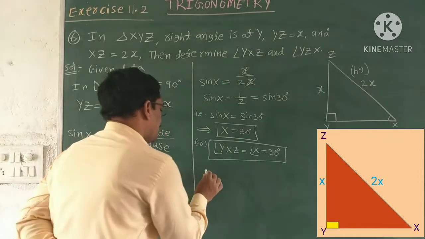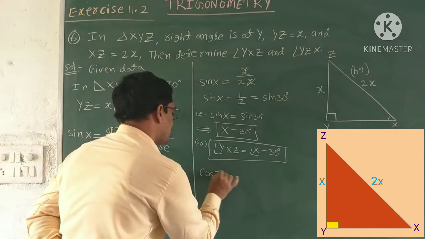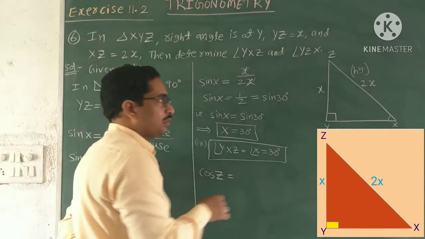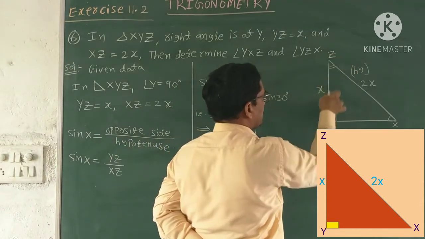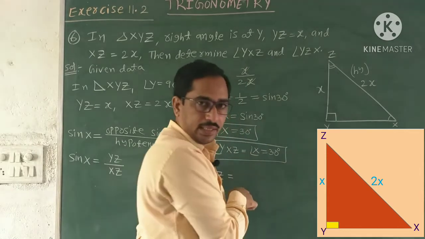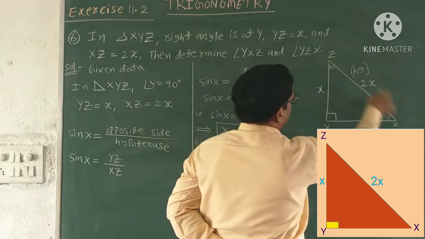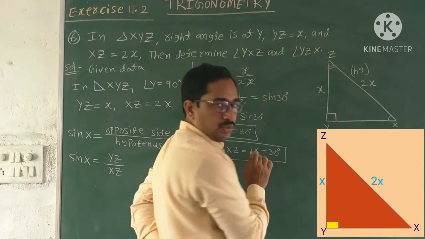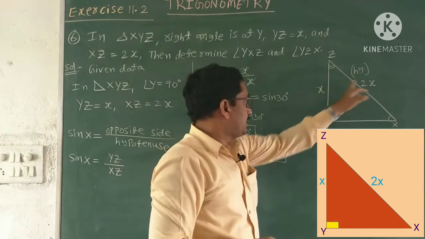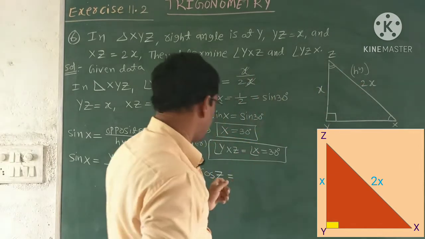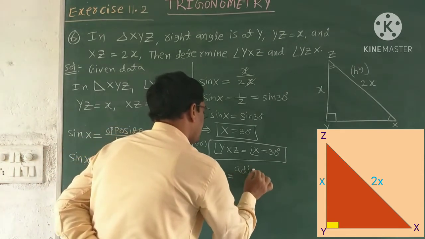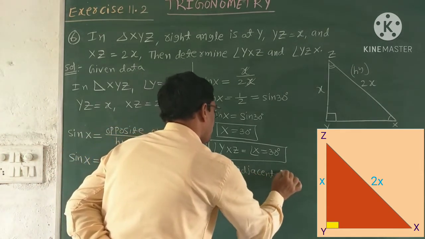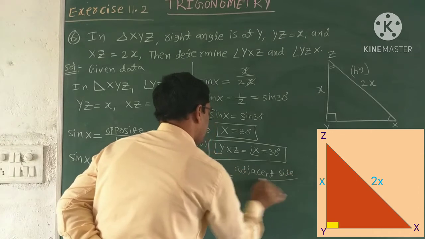So apply cos Z, with reference to angle Z. YZ is the adjacent side and XZ is the hypotenuse. The relation between adjacent side and hypotenuse is cos. So cos Z equals adjacent side by hypotenuse.